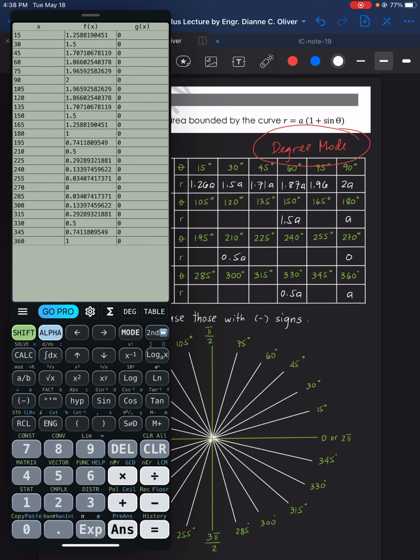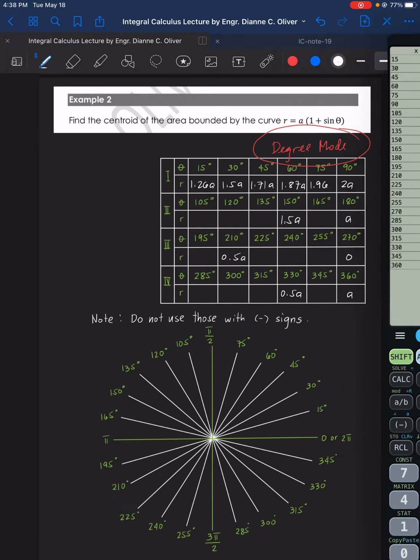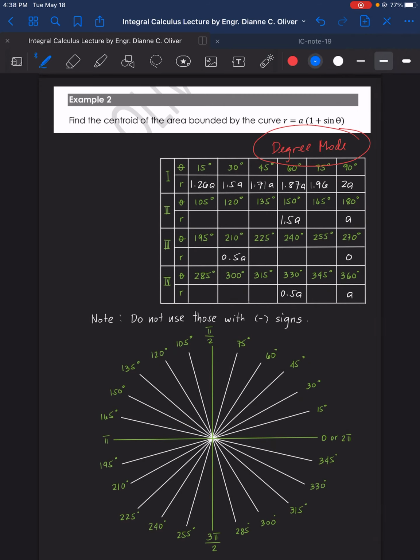So I think we can now have a quick sketch using this. The bigger number here is at 90. That is 2a. Then at 180, which is only a here. At 360 degrees, we have a. At 270, that is 0.